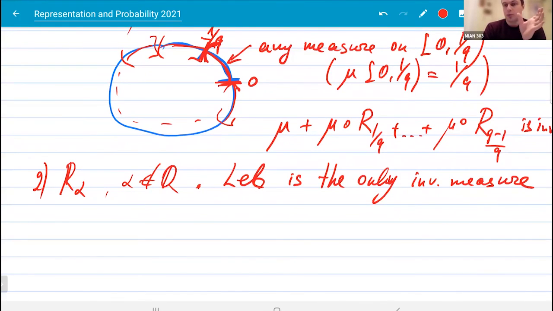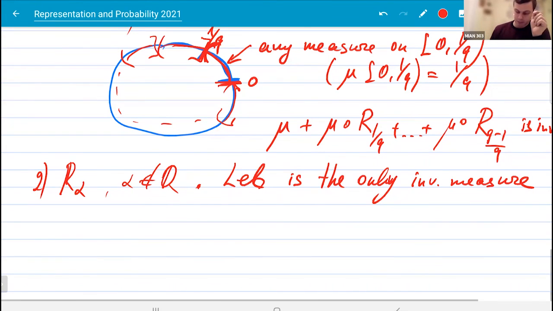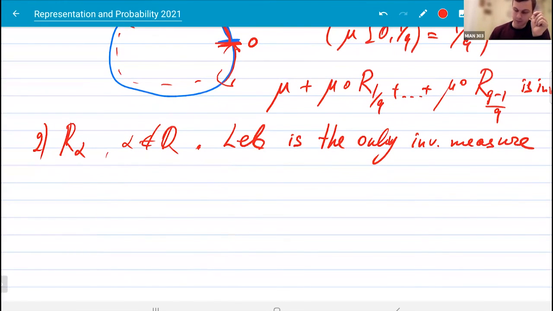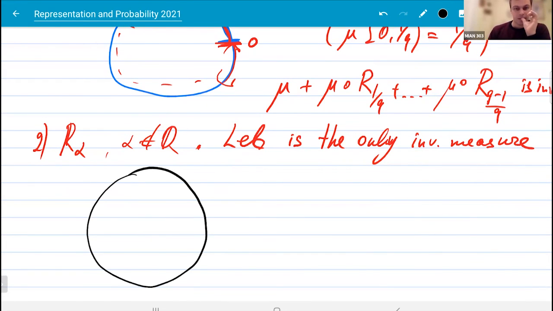This is not so trivial, but let me explain it as follows. Consider any invariant measure. I want to prove that the measure of, say, an interval is equal to its length. Let's take this interval. I want to prove that its measure is more or less its length.